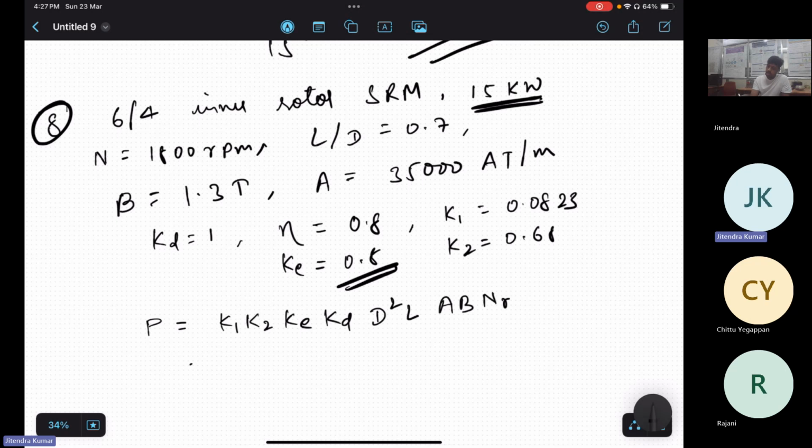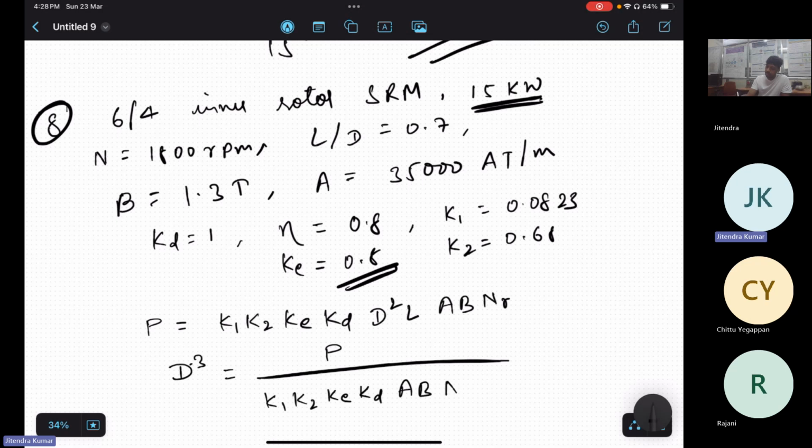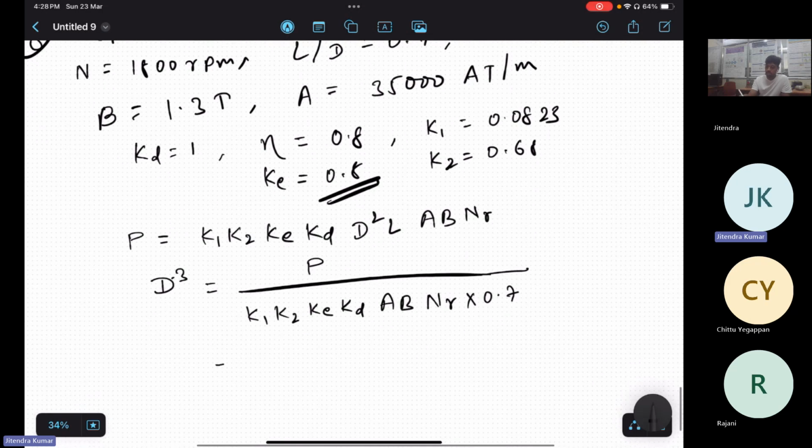Okay. So L we will plug in as 0.7D. So we will get the equation of D cube as power divided by K1, K2, Ke, Kd, A, B and rotor speed into 0.7. Power is 15,000.